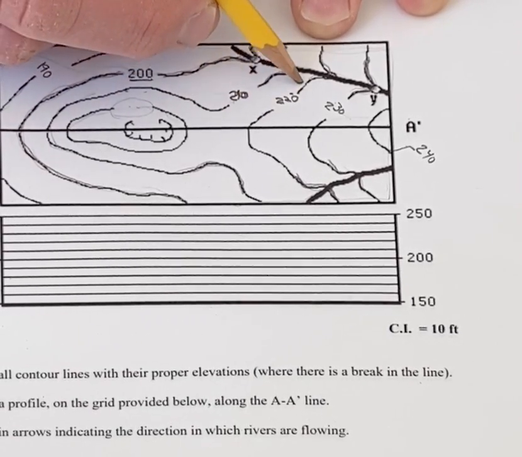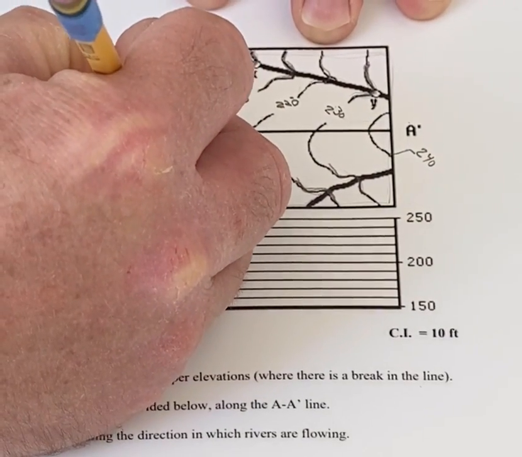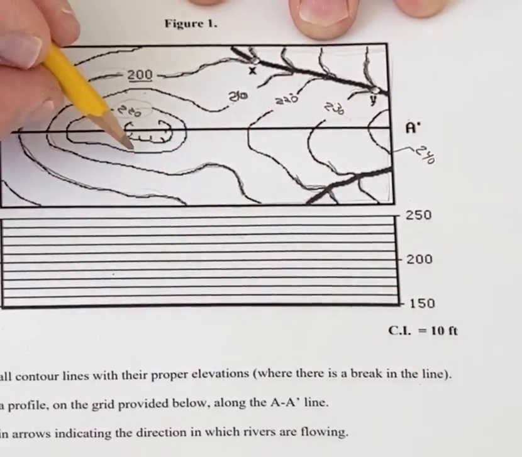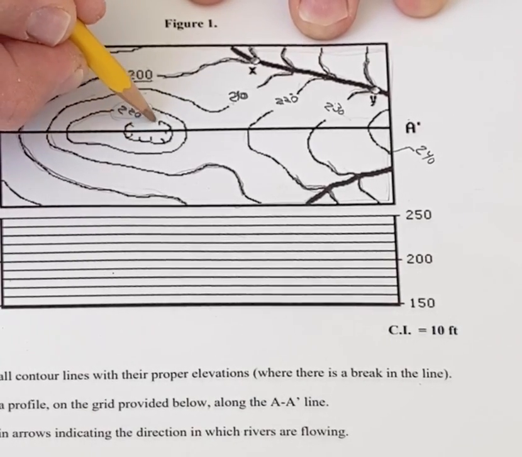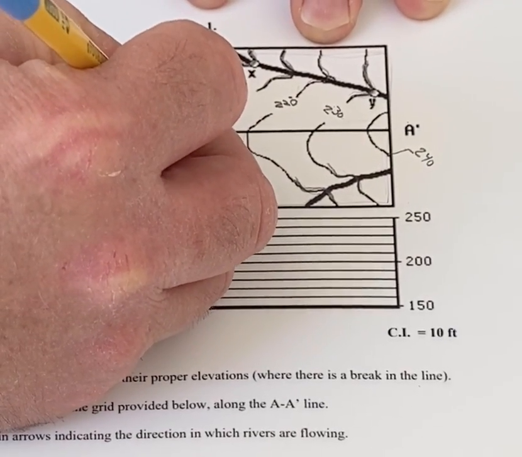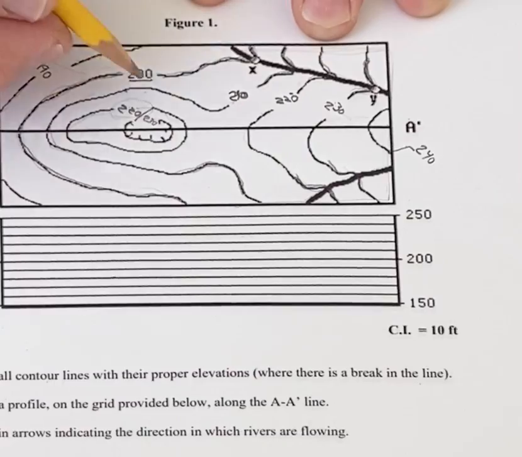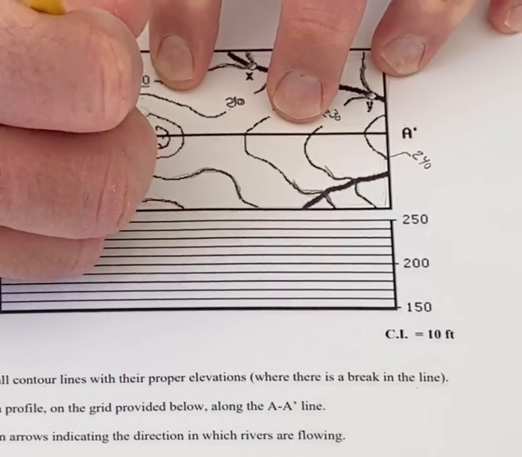No, it's 220. So this is 220. And if that's the case, then we have one more. Sorry, I missed this one. One more to label here. This must be 230. I'm going to put a little space between that just to indicate that they're two different ones. Maybe I'll just erase it.